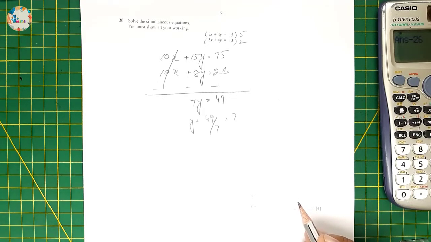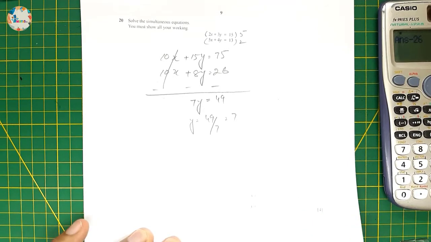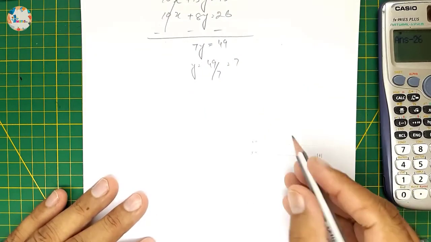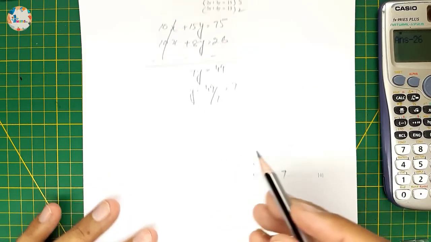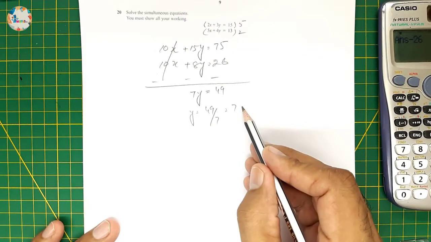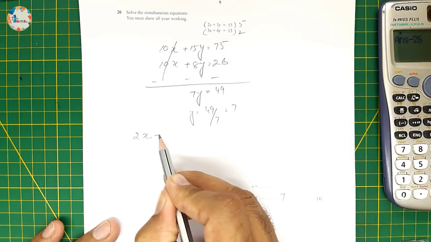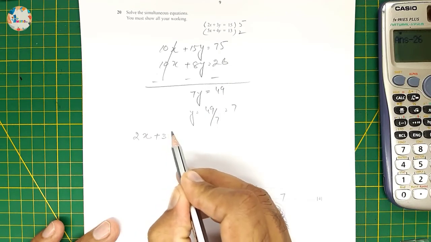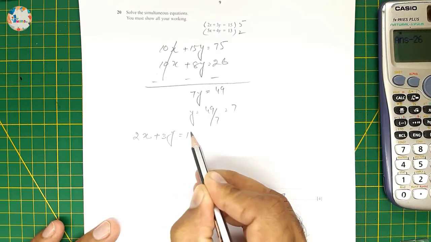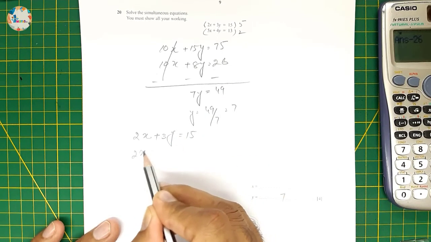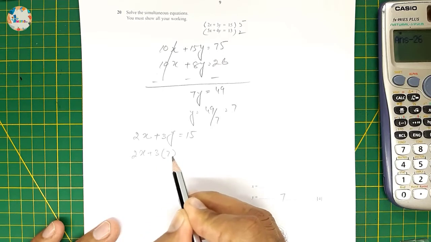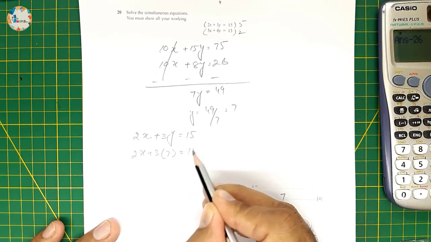So we got this y value, which we can write on the space provided over here, and now we will replace this y value in any of these two provided original equations. 2x plus 3y is equal to 15. So 2x plus 3 into 7 is equal to 15.